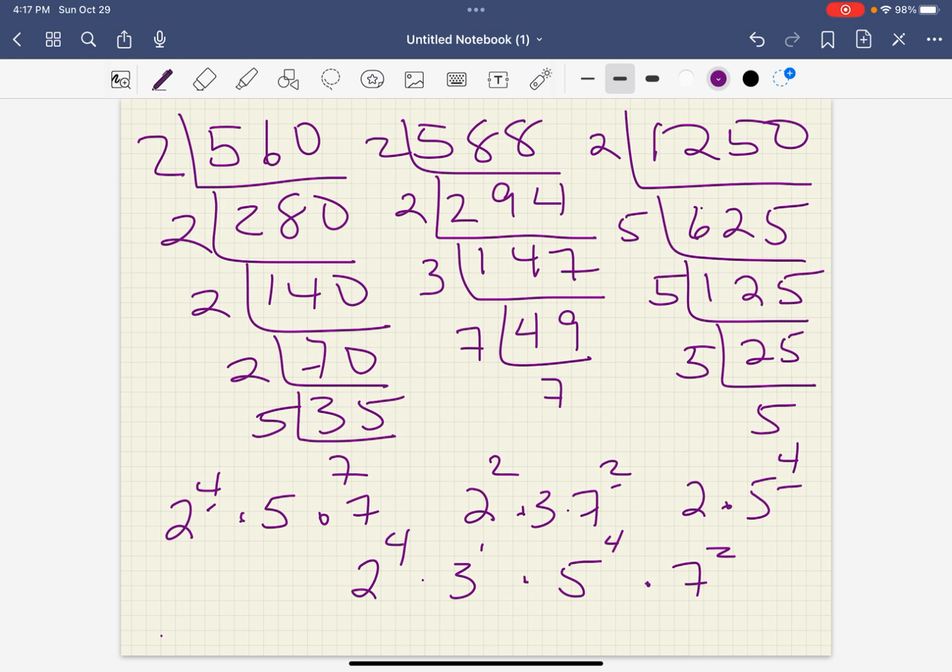So that's 16 times 3 times 625 times 49. So 16 times 3 is 48. 48 times 49 times 625, and I'm going to let you guys multiply that out. But it comes out to be 1,470,000. So like I said, hopefully you don't ever have fractions that have those denominators.